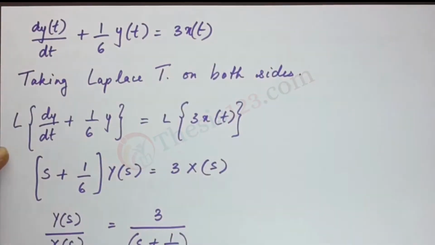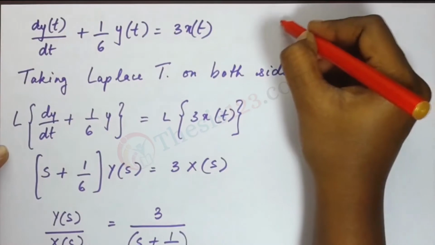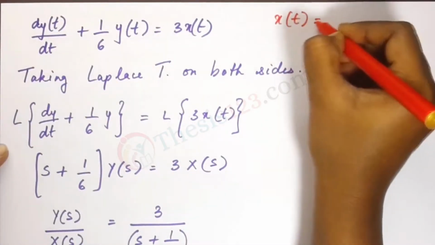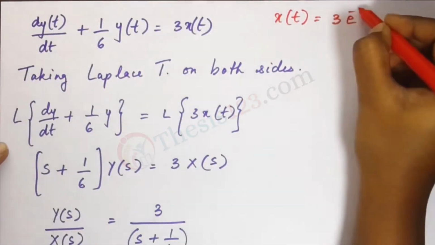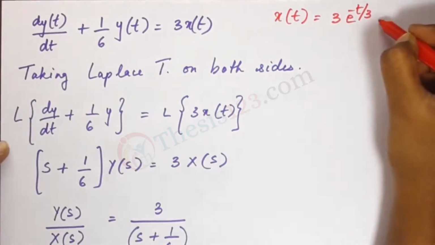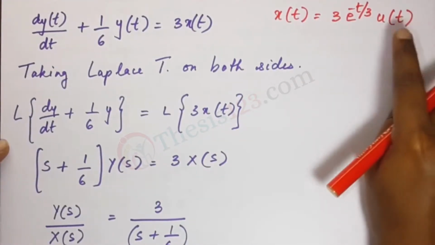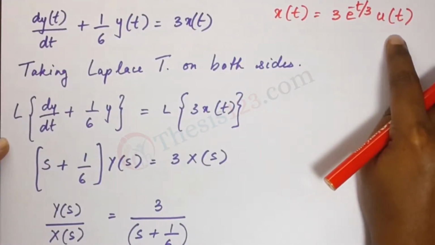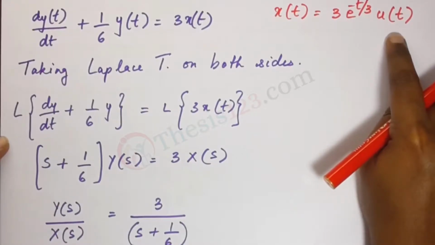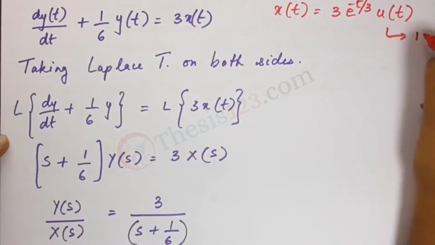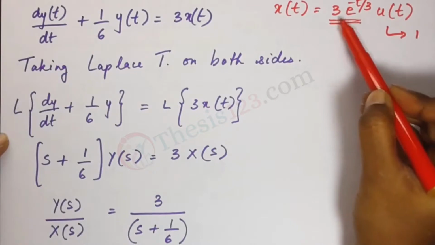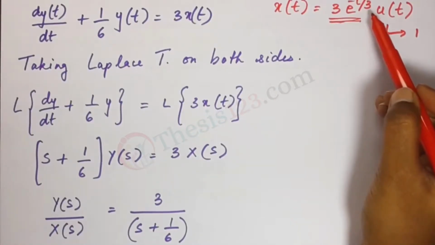The input is given to us as x(t) = 3e^(-t/3) u(t). Now u(t) is a step function, so we can consider its value to be 1. So let's just concentrate on 3e^(-t/3).